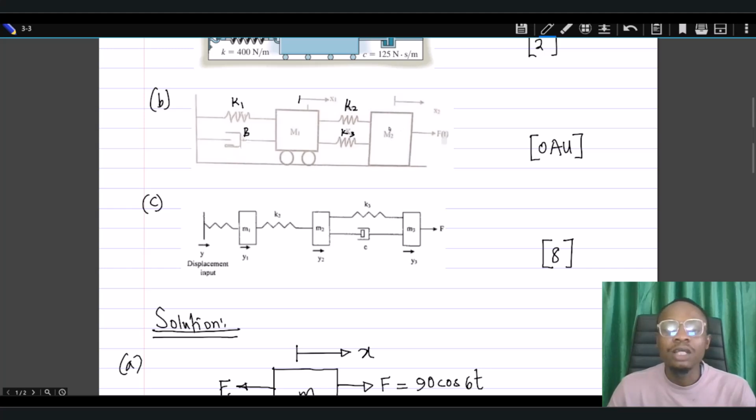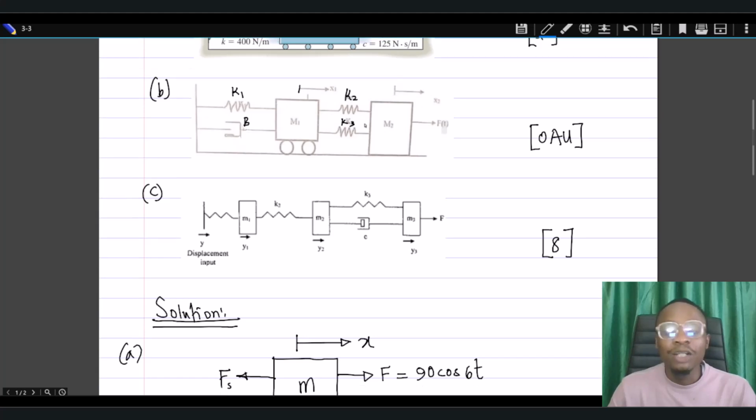So the fs2 on this body will be k2 into x2 minus x1. Imagine this goes this way and then this also follows, so the effective difference in length that it causes here will be x2 minus x1. So x2 minus x1 and x1 minus x2 will give us the same numerical value at the end of the day, but they will give us different signs. So that actually captures the fact that the directions will be opposite.